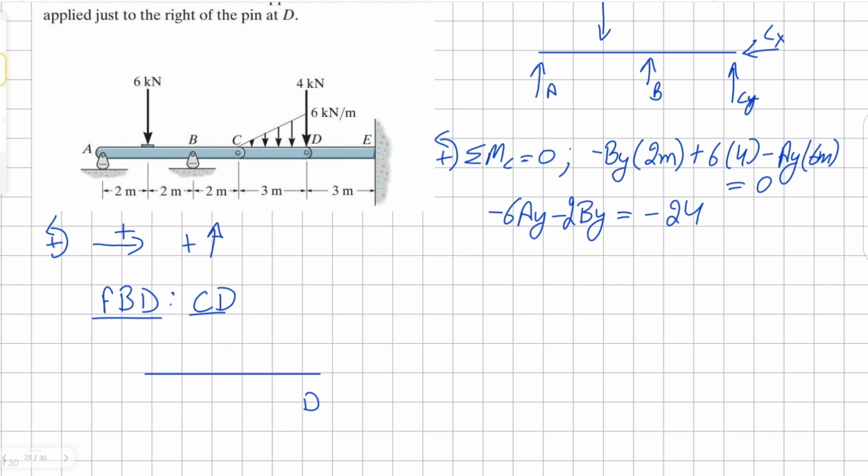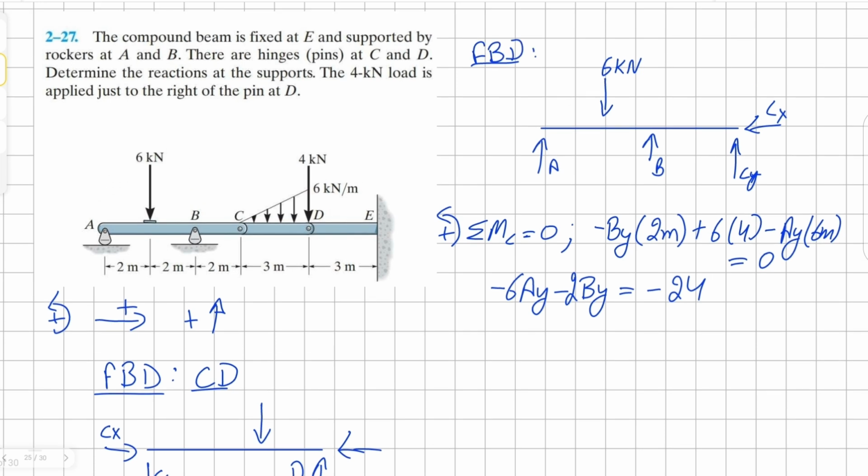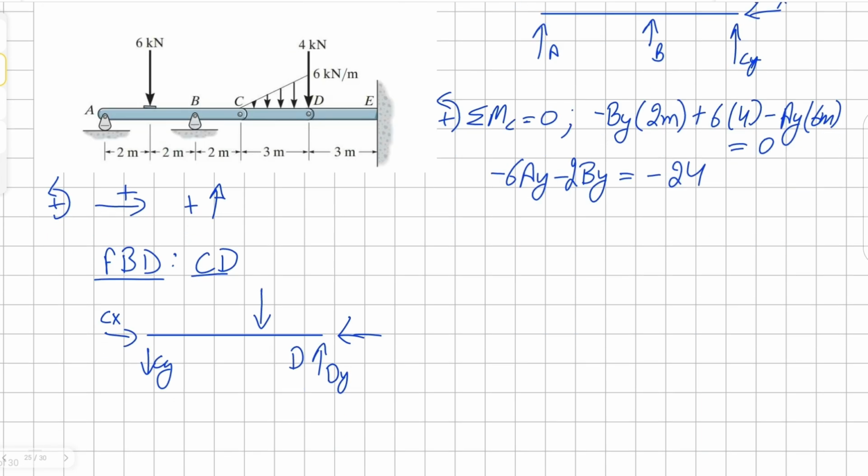So we're going to have horizontal and vertical reaction at C. Then we have a distributed load, which is going to result in a concentrated load 2/3 away from C. And then we have horizontal and vertical components at D. We are not going to include the concentrated load at pin D because it's stated in the question that it's right next to it, but it's not on pin D.